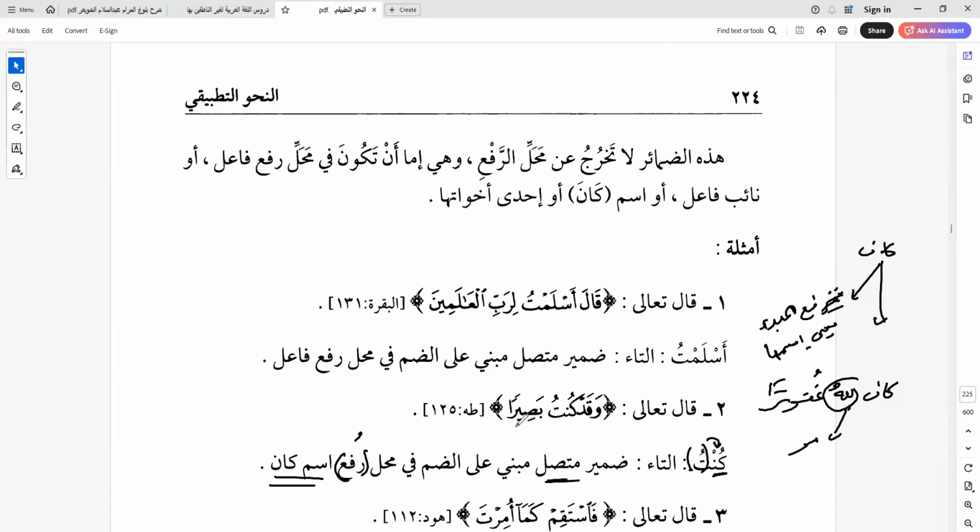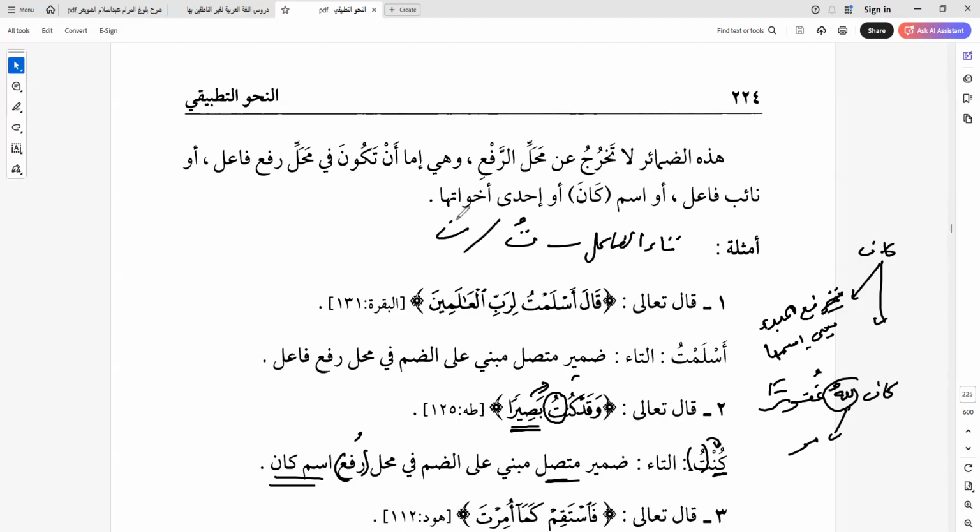Now look at it. Basiran. خبر كان, right? And خبر كان is always what? Mansub. Look at the ayah very, very clearly. But we're analyzing the ta. It's ta al-fa'il, right? Ta al-fa'il. Just as we said, ta al-fa'il can come in so many forms.